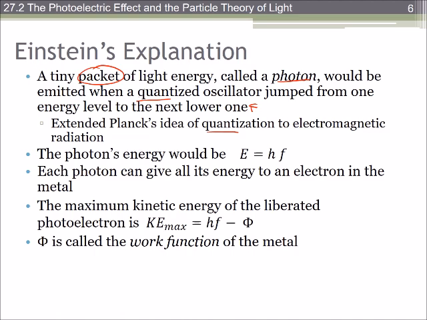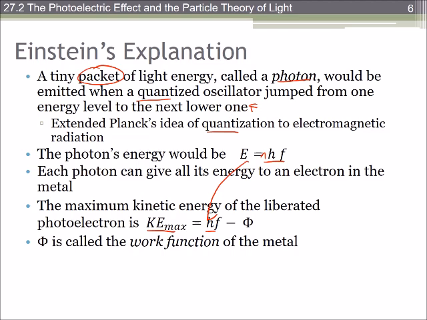The energy of the photon should look familiar as hf. We put an n in here in the last section. A photon can give all of its energy to an electron, so basically the photon gets completely absorbed in this process. It's obliterated. The maximum kinetic energy of the liberated electron is equal to hf, the energy from the photon, minus whatever cutoff energy we needed to have.